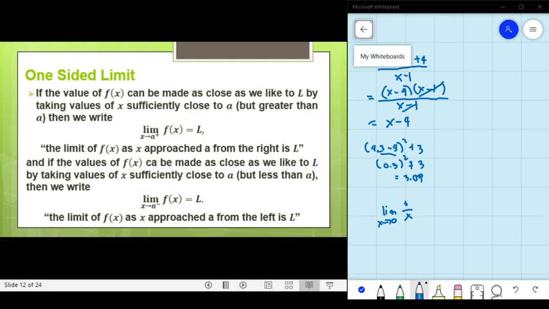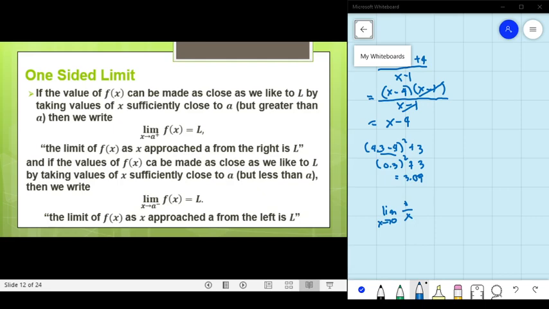The limit of f of x as x approaches c from the left and the limit of f of x as x approaches c from the right are also referred to as one-sided limits, since you only consider values on one side of c.